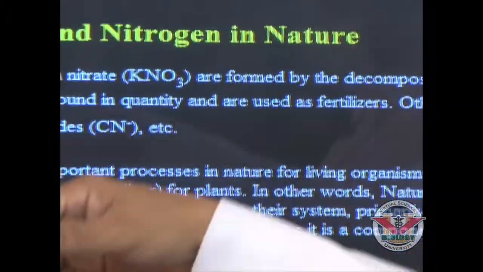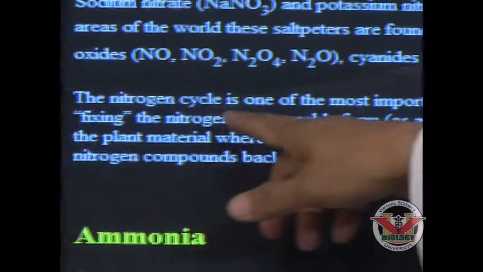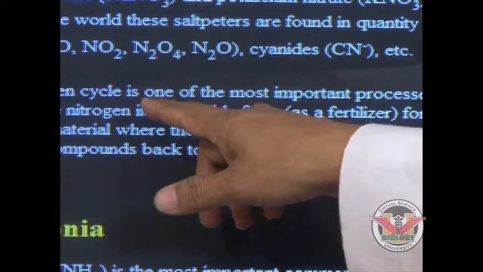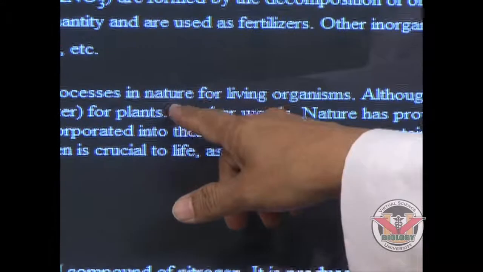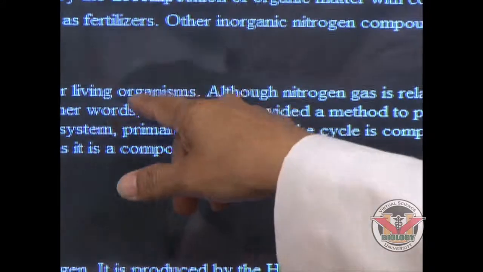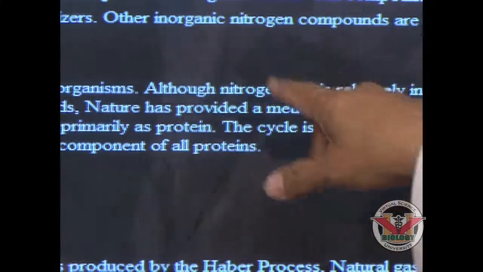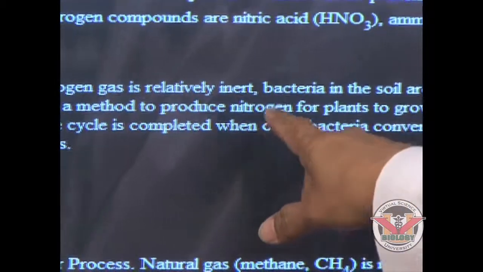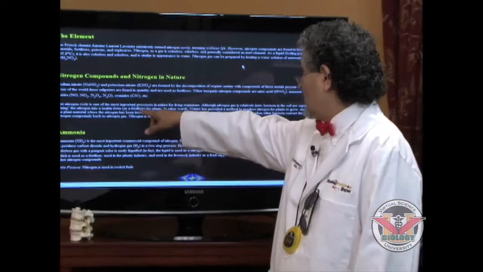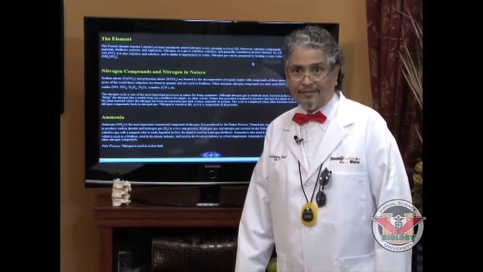Where it's real prevalent is in the nitrogen cycle, which is one of the most important processes in nature for living organisms. That's critical. Although nitrogen gas is relatively inert, bacteria in the soil are capable of fixing the nitrogen into a usable form as fertilizer for plants.